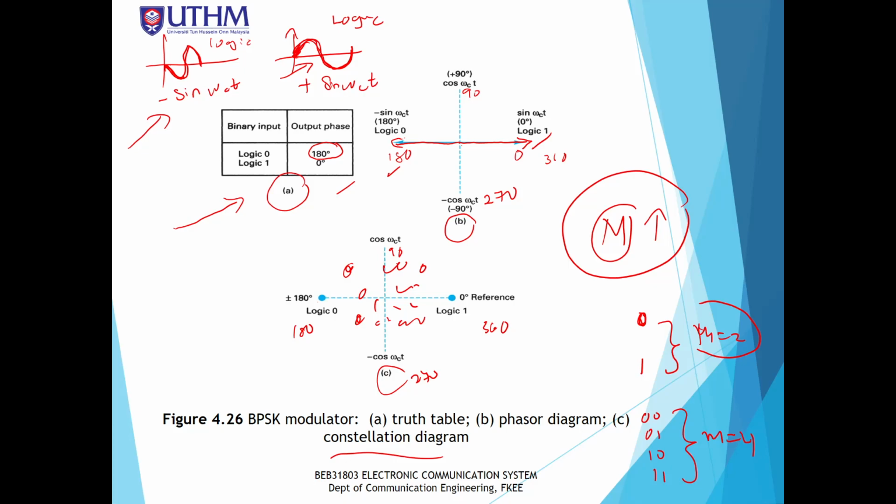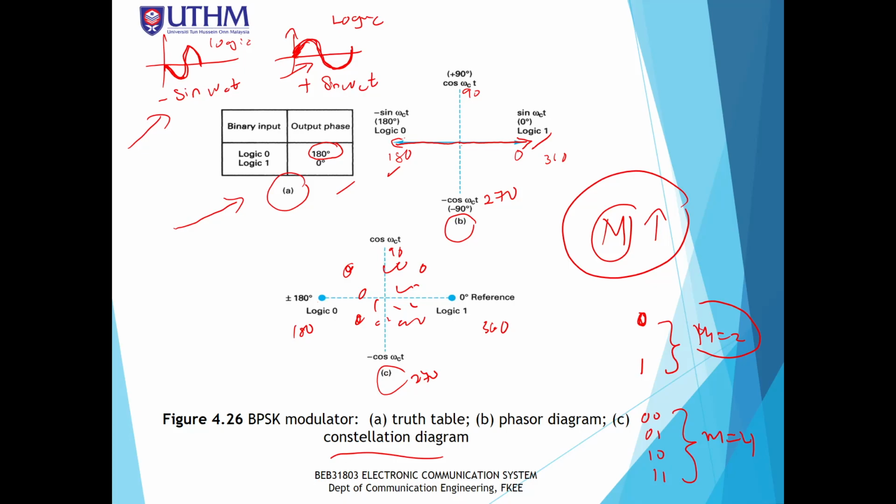That means the chances of error happening will be higher. If the symbols are separated far away, the error is gonna be less. Kalau simbol itu terpisah jauh, both of these symbols will produce less error.